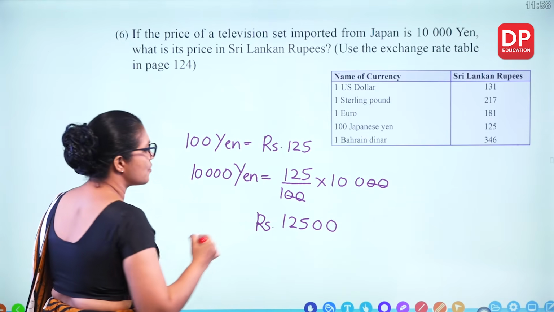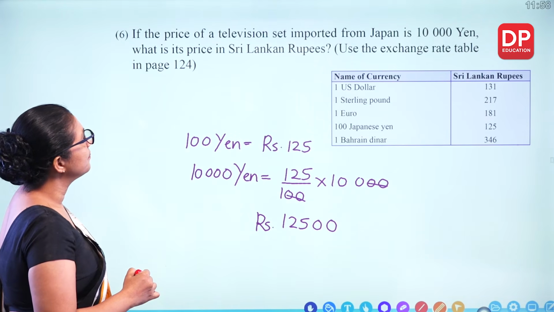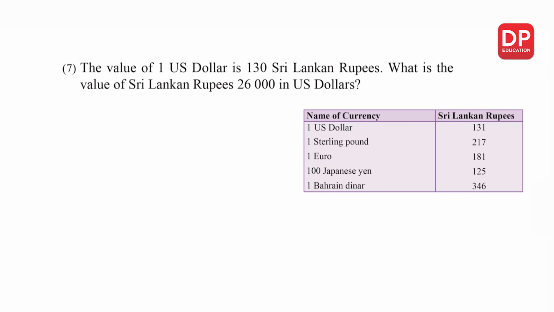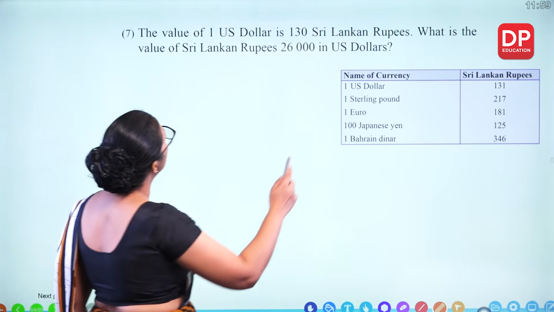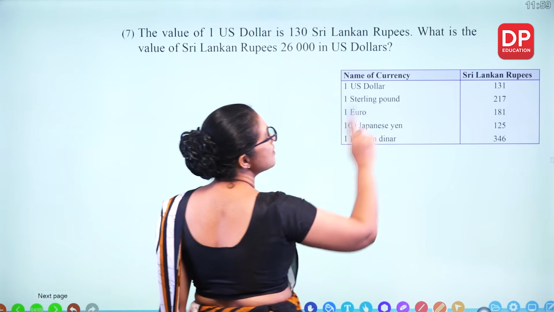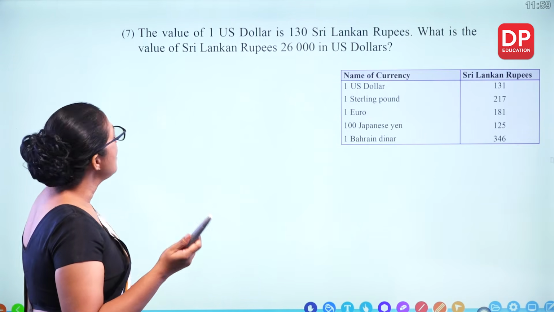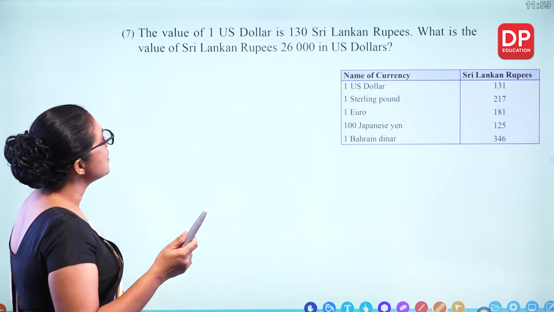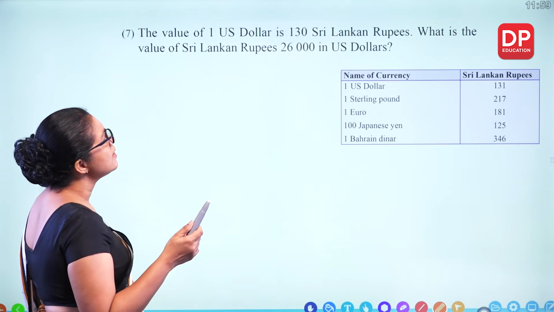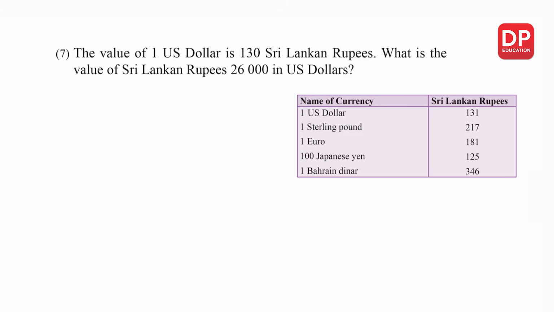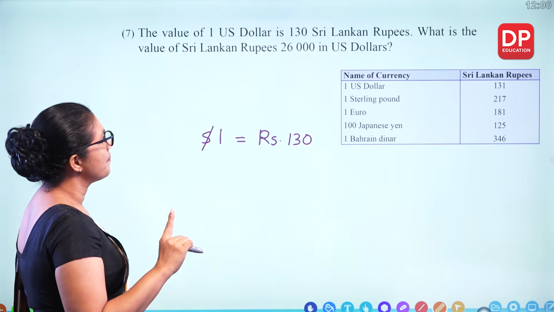The value of 1 US dollar is 130 Sri Lankan rupees. So here, this is in the table, that's 131. So they say take 130. What is the value in US dollars of 26,000 Sri Lankan rupees? So it says 1 US dollar is 130 Sri Lankan rupees.